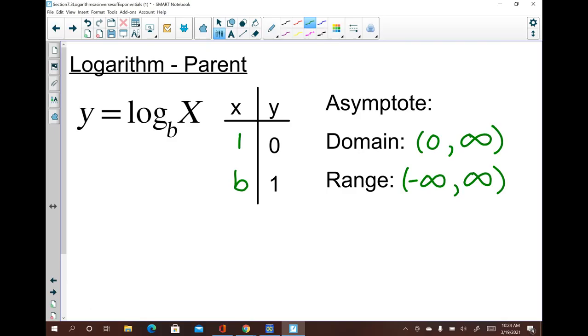The other thing that switches, instead of having a horizontal asymptote, we are reflecting over the line y equals x to get this graph of a log. So we have an x equals, or a vertical asymptote, at 0 for the parent. We're going to treat that the same way we did with our exponentials, and we're going to carry it along with our parent table, and anytime we change the x's, we'll change our asymptote.